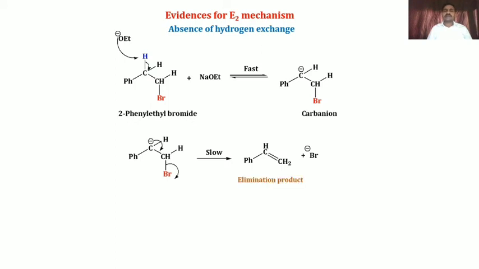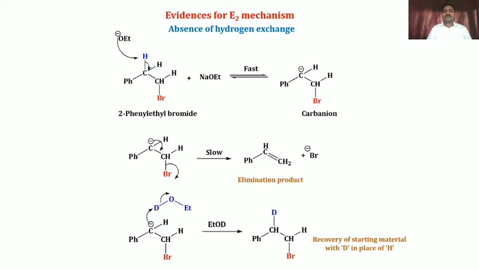So our normal elimination product is formed. And if carbanion were an intermediate, then with a deuterated solvent, that is EtOD, there should be a formation of a deuterated product, which is a recovery of starting material, the only difference being that hydrogen is replaced by deuterium.